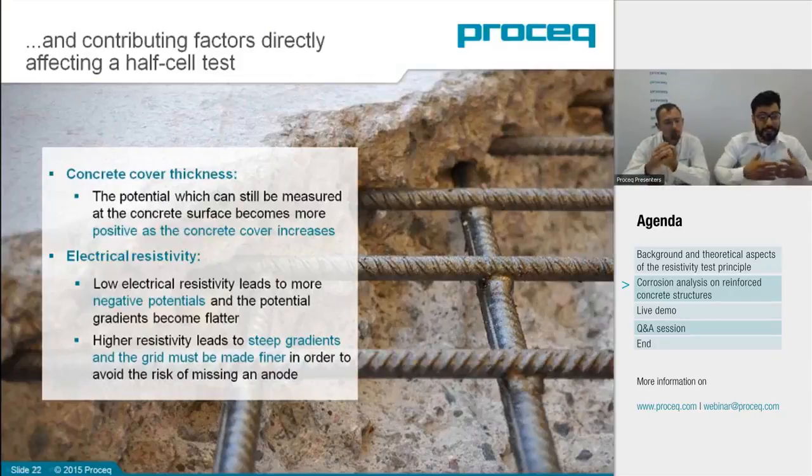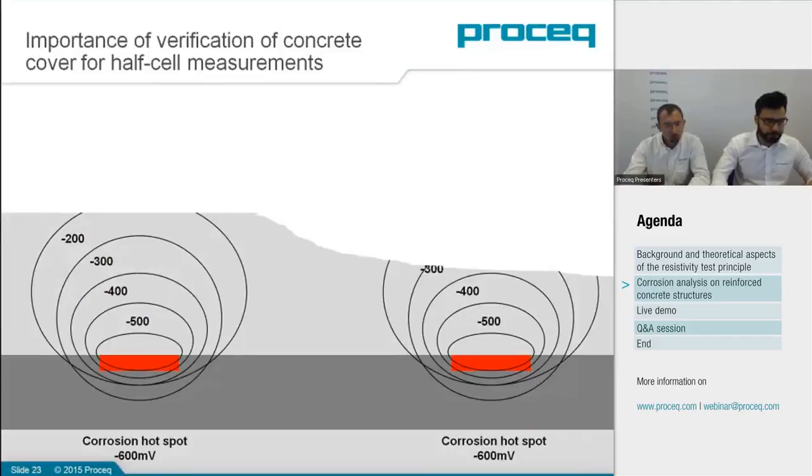In these cases, we need to understand that we need a much finer grid to accommodate these high resistivity areas. We're going to cover that for you, and we've got a nice graph which Guido is going to break down and explain to us, to show why we need to take such measures.